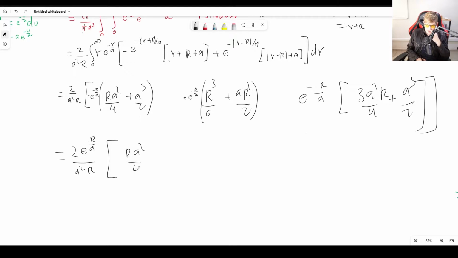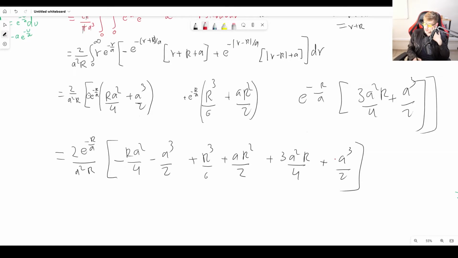I'm going to go step by step because I don't want to make a dumb algebraic mistake after having done so much work. By the way, I already almost made one. There's a minus sign in here. Almost forgot about it. Minus here and minus here. R cubed over 6 plus a r squared over 2, and then plus 3 a squared r over 4 plus a cubed over 2.